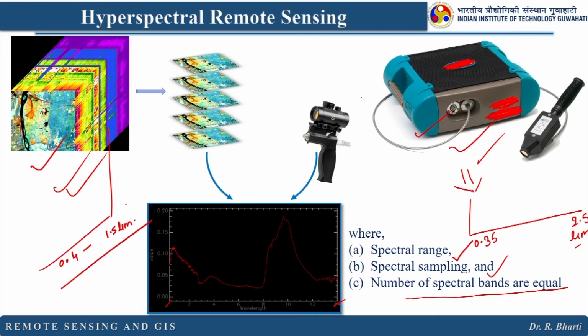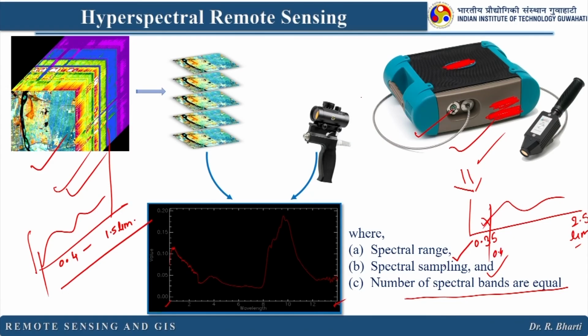So this is the wavelength range. Now to match these two, what we need to do? We need to make sure the starting wavelength should be same. So we have to trim here, we have to remove this, and then it will be 0.4.